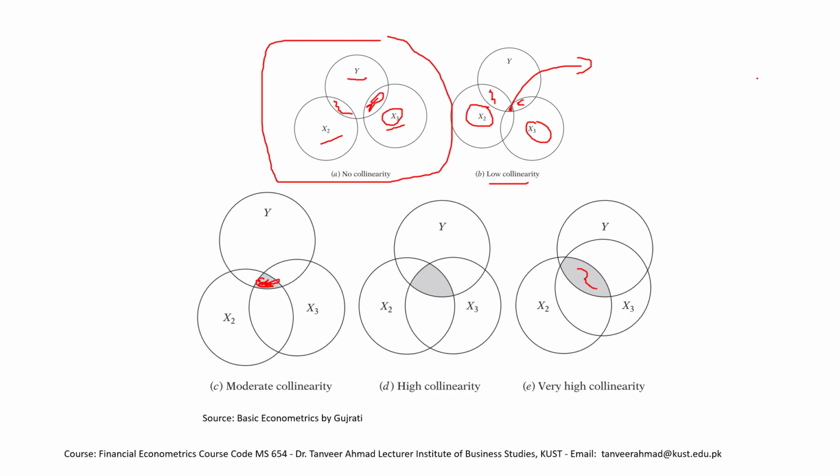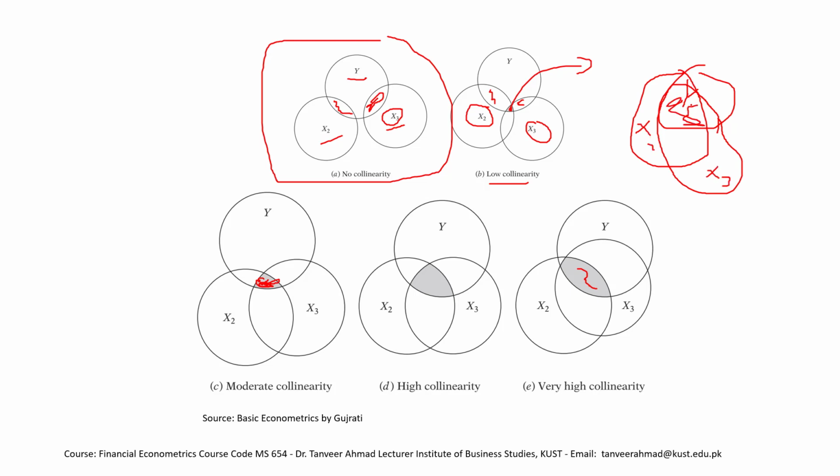So let's say this is the situation, let's say this is our y, and we draw this circle and then we draw this circle. Now you would see this is, let's say, x2 and this is x3.